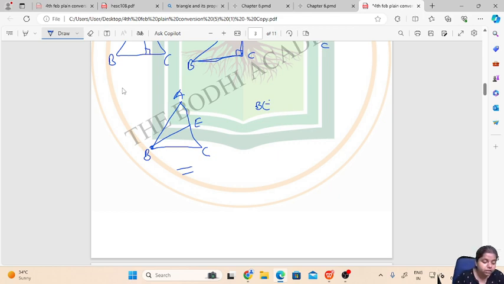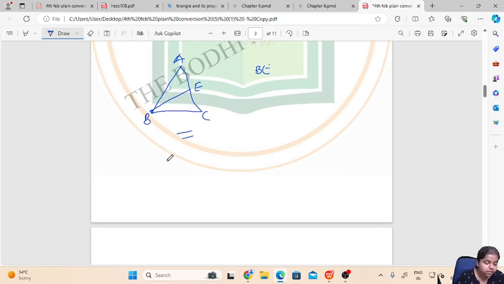Okay, then the next question they have asked: in triangle PQR, we'll first draw it. In triangle PQR, PQ and PR are altitudes of the triangle.